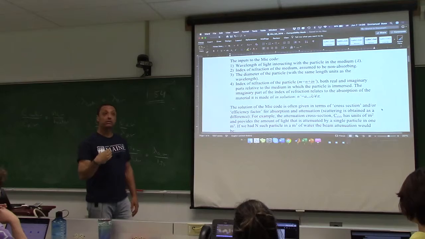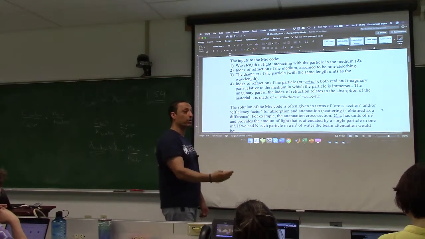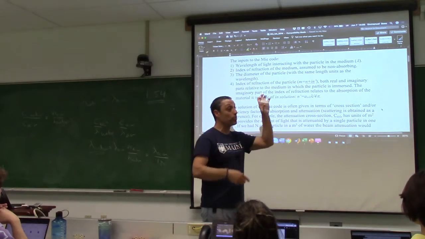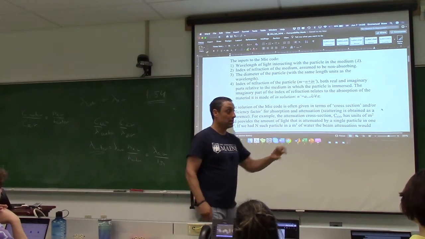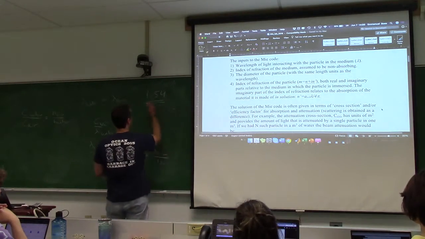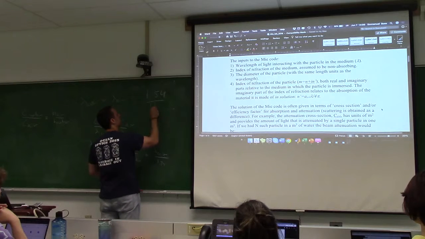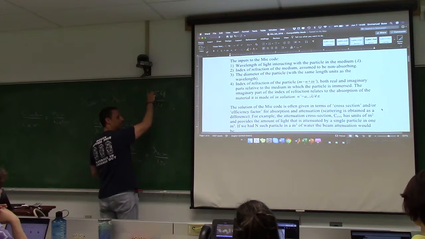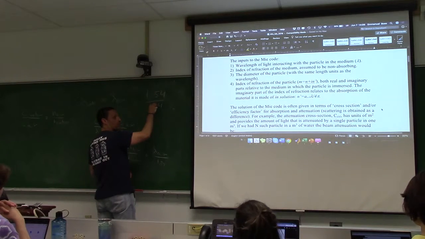But what matters when light interacts with a particle in the water is the index of refraction relative to the medium in which the particle is embedded. So the actual index of refraction will be this divided by that in the medium. If this is relative to air and this is relative to air, it's the same as the index of refraction of that material relative to water.